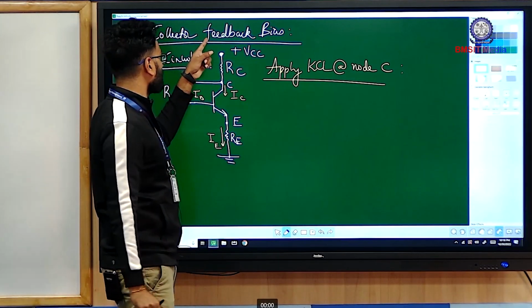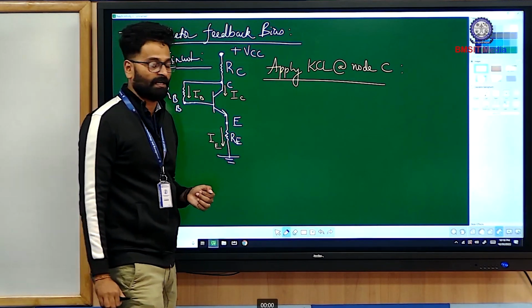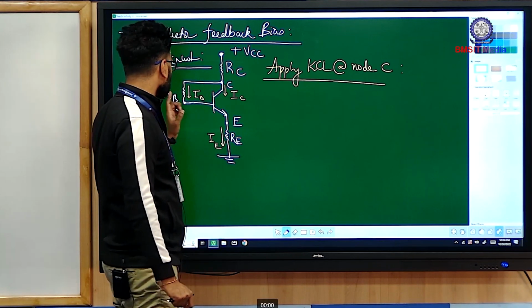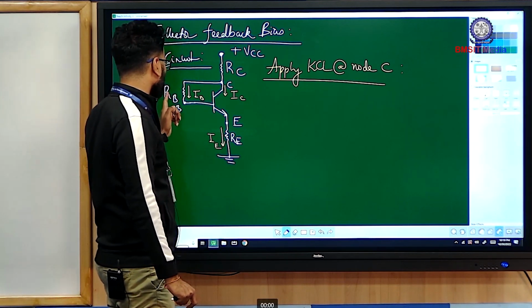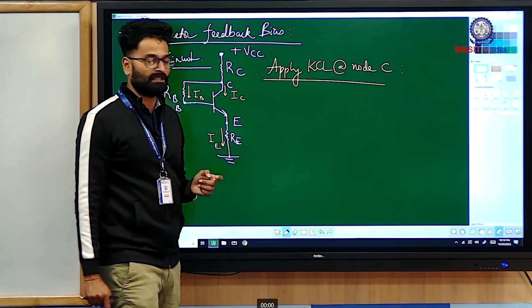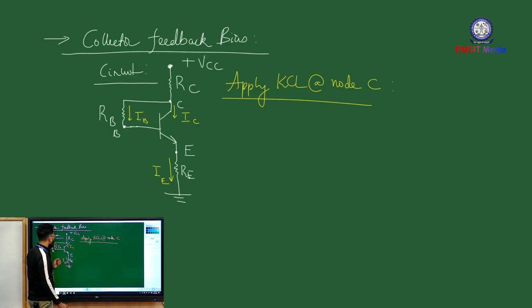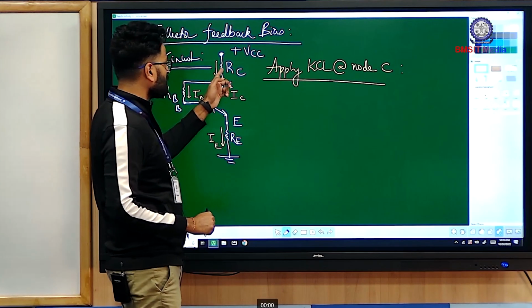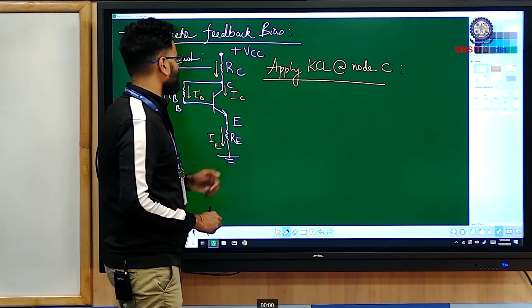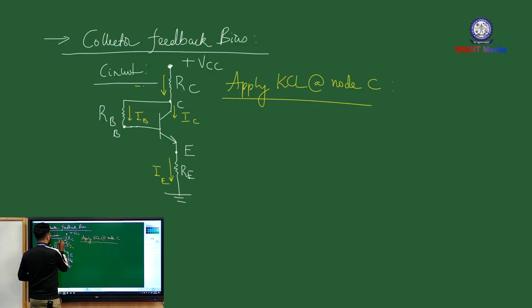And how did we get this node C? Because we wanted to create a collector feedback bias. So what we have done is we have connected one end of RB directly to the collector terminal. All right. So you are interested in knowing what is the current that is flowing through resistor RC? Let's say that current is some Ix, right?